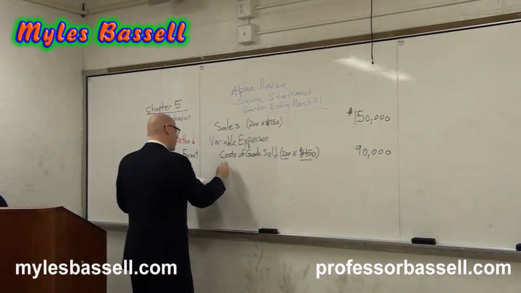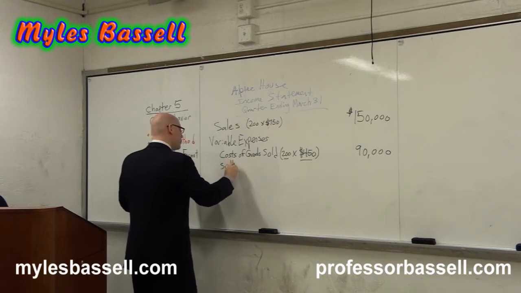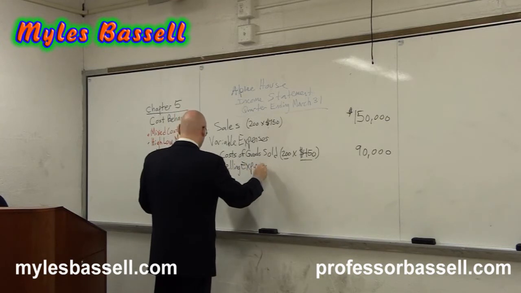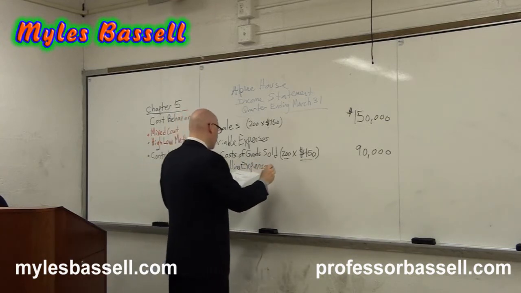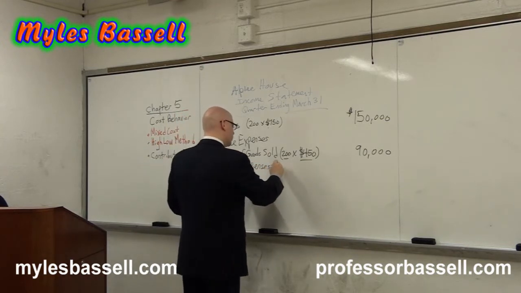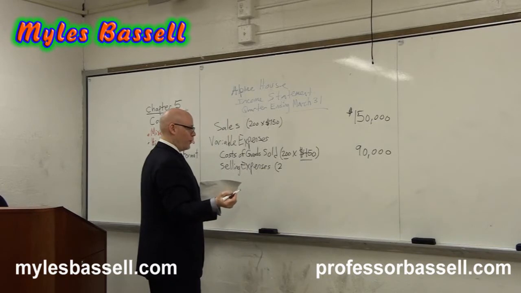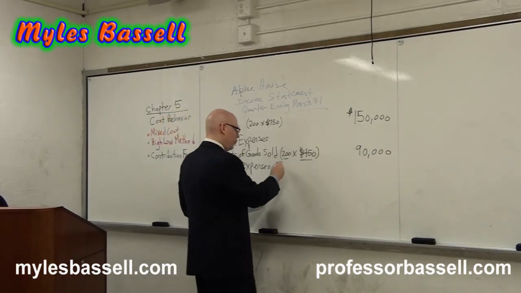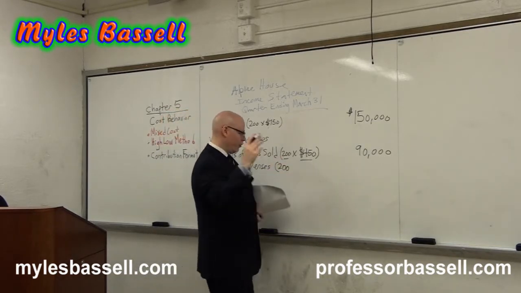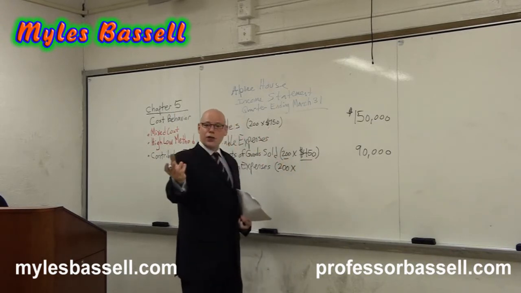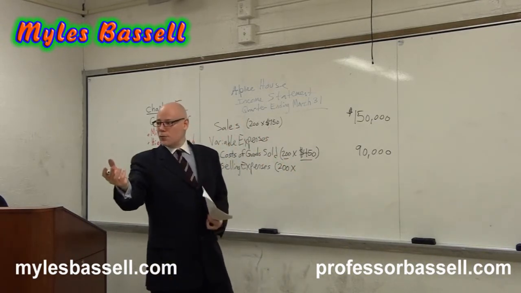But we also have some selling expenses here. Remember, they tell us this is on a variable basis, so the way that we calculate that is the number of units times the variable cost per unit, just like with the coffee, it was 22 cents per cup.